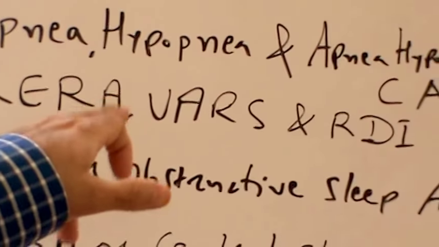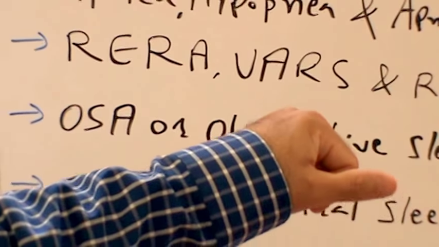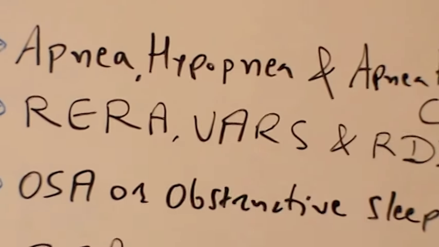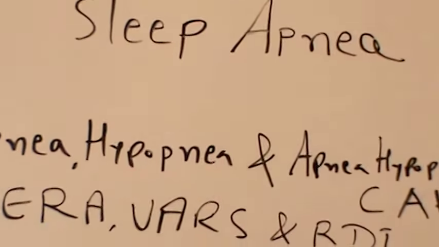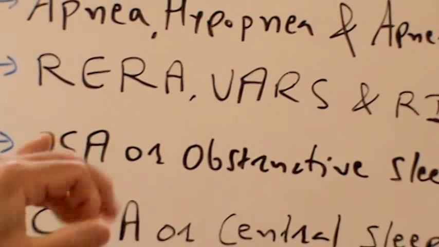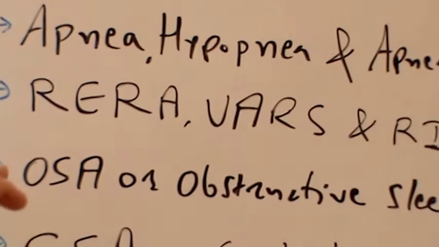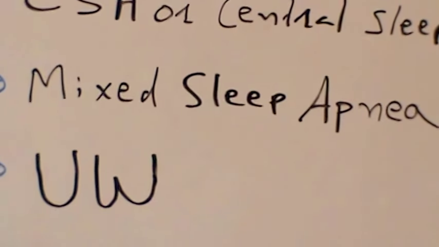RERA, UARS and RDI that you will frequently notice while reading the medical records that you order to assess the extra mortality due to the sleep apnea. There are different types of sleep apnea, so we'll get into the obstructive sleep apnea, central sleep apnea, mixed sleep apnea, and bottom line, how do we underwrite?